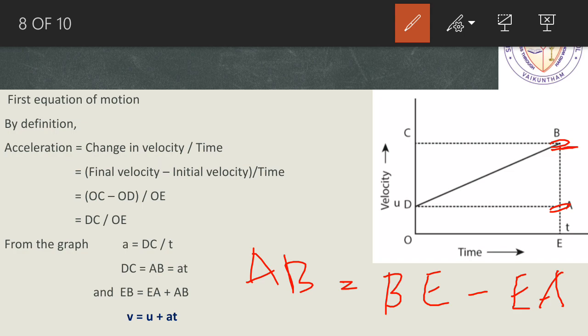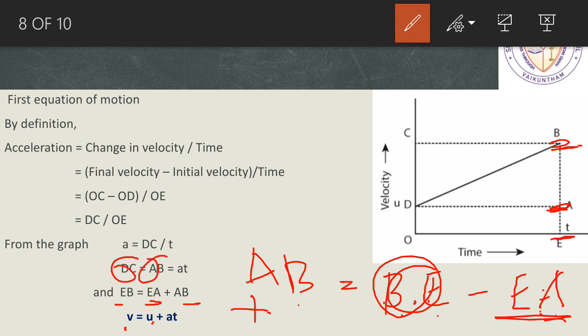Rearranging this, EB is equal to EA plus AB. So EB is nothing but V, EA is nothing but U, and AB, as we have seen, is nothing but DC, therefore it is equal to AT. I hope you understood this.